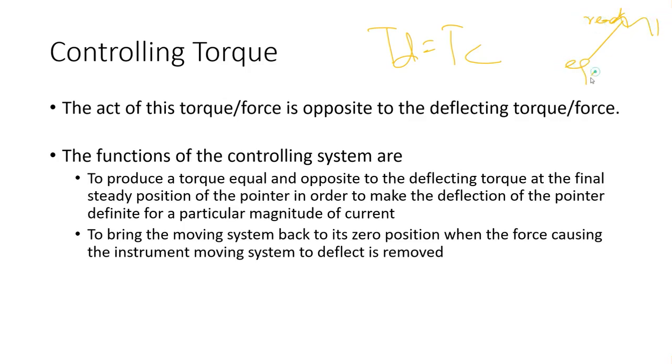Also the needle is in equilibrium. So when the needle is giving a reading, TD is equal to TC. And this is always the case because the needle is always static, either at 0 or at some reading. The function of controlling torque is to produce torque equal but opposite to deflecting torque, and to bring the needle back to the 0 position when the forces are removed from it.